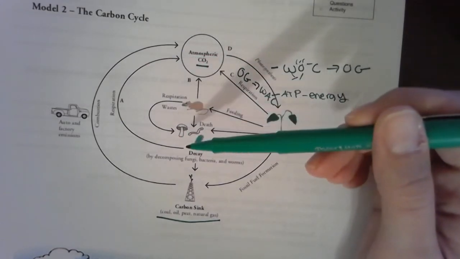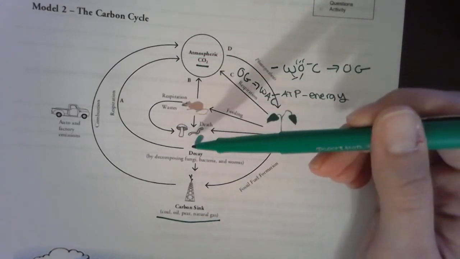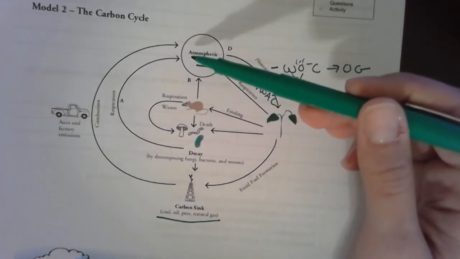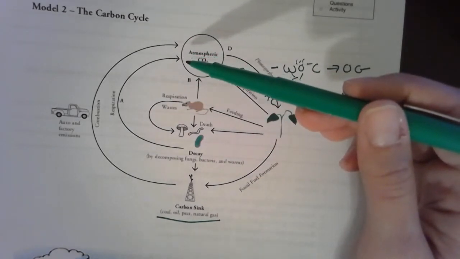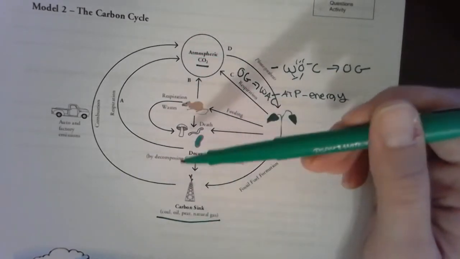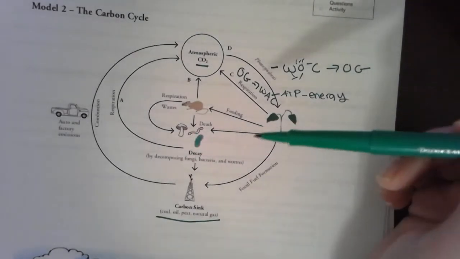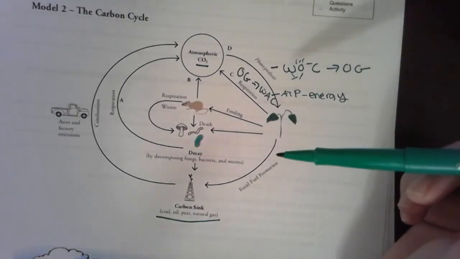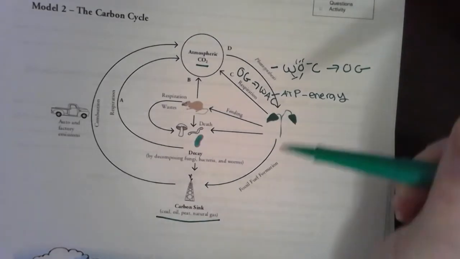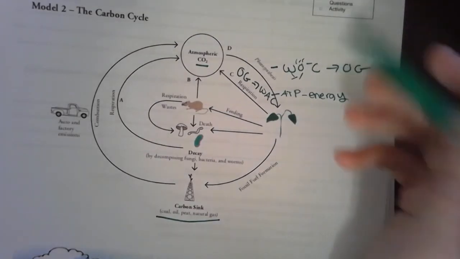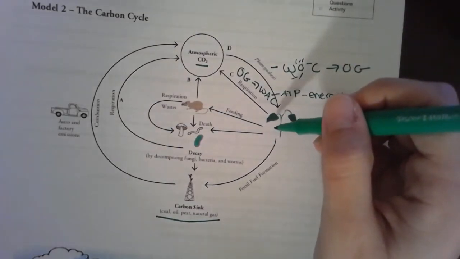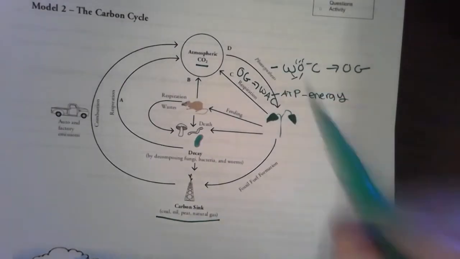Similarly, when the plant is decaying, it can also release part of the carbon dioxide back into the air, and part of it will go into the ground. If I burn a plant, like deforestation in the Amazon and taking down all of that, then that's also releasing carbon dioxide.